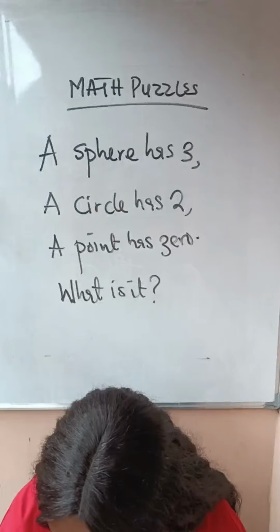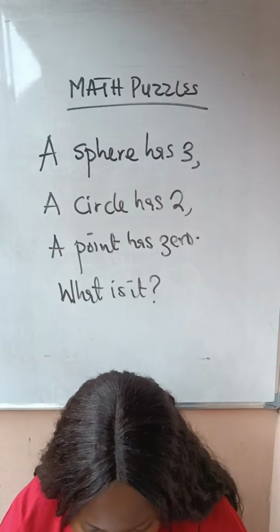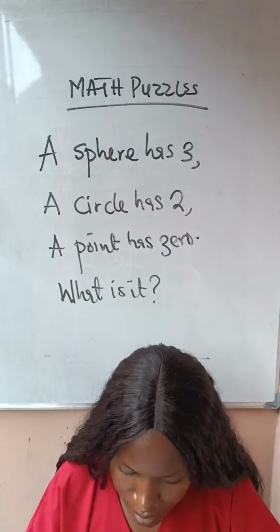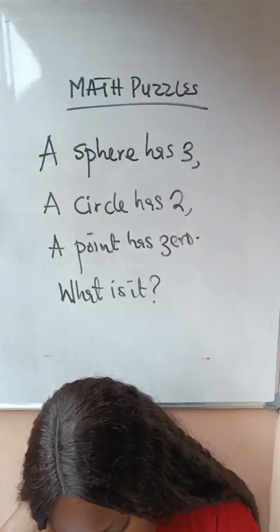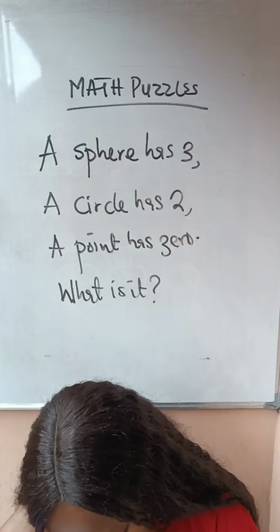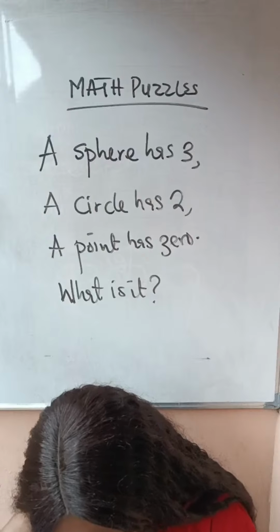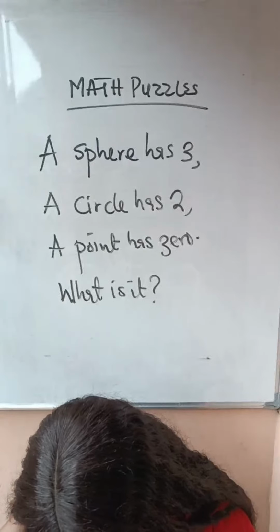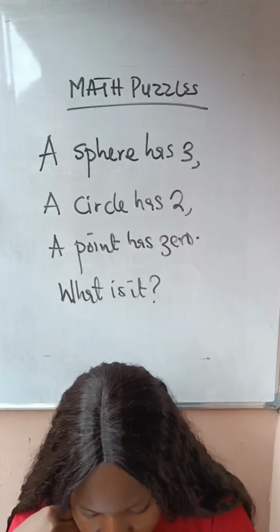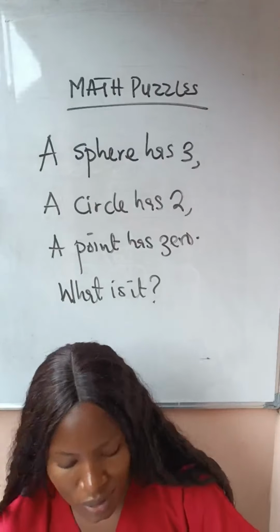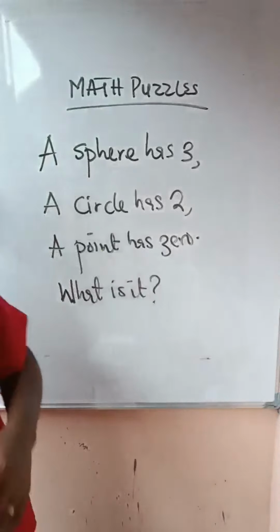Kanish is saying I should proceed, that it is easy. Okay, this one is easy. If you say so. And that is right. The answer is dimension.